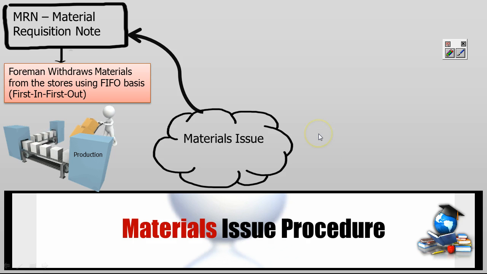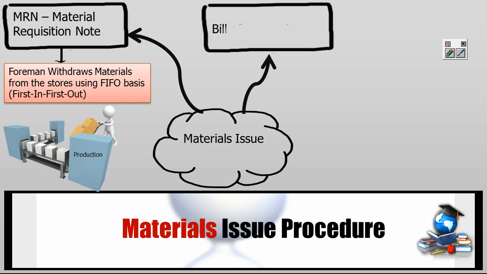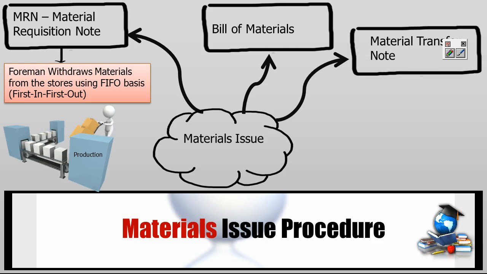So when you have the materials in the stores and when the foreman wants to take the materials, he will use the material requisition note. Then you will also study what is bill of materials. Then material transfer note. What is material transfer note? Transfer means from one department to another department you want to transfer. That is material transfer note.